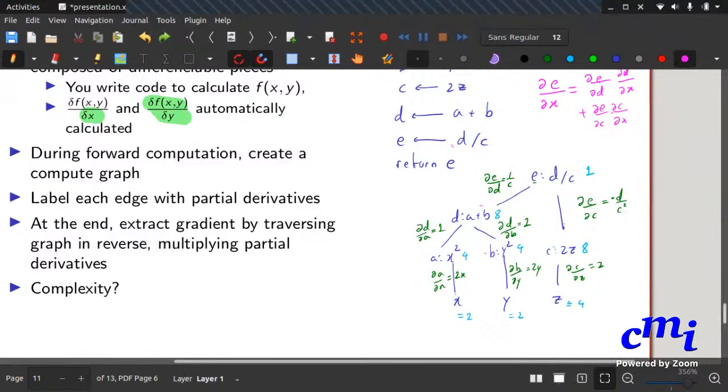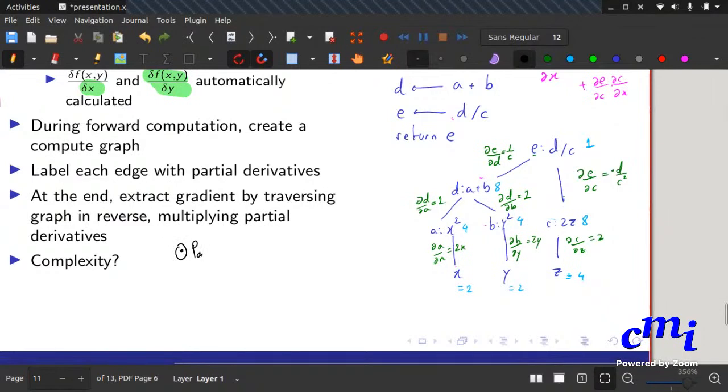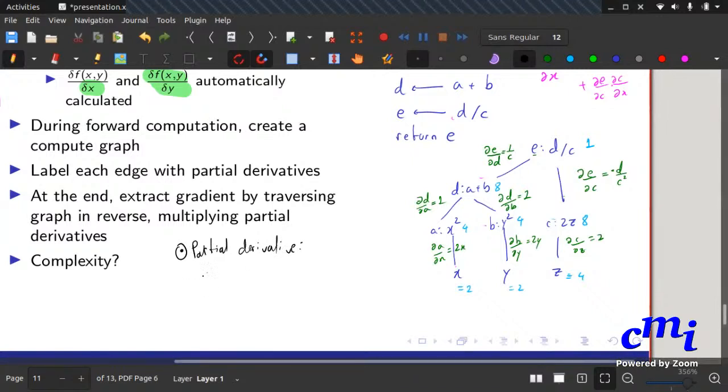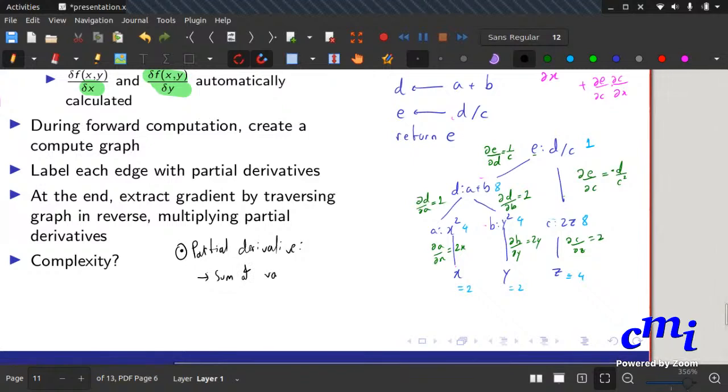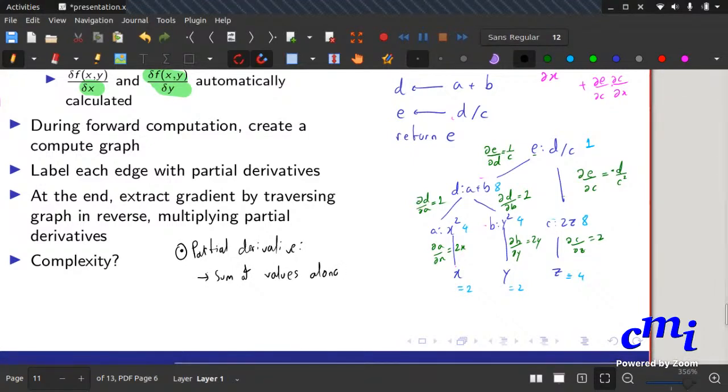So this is basically the key fact behind this autograd algorithm, which is that the partial derivative is the sum of the values along each edge.